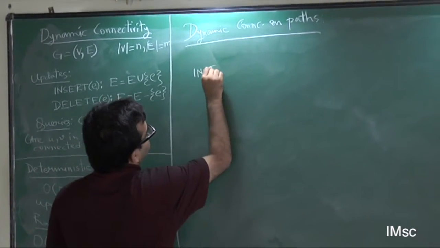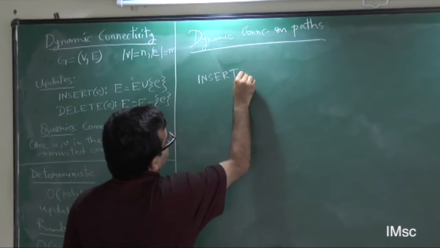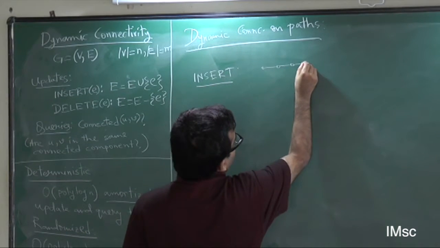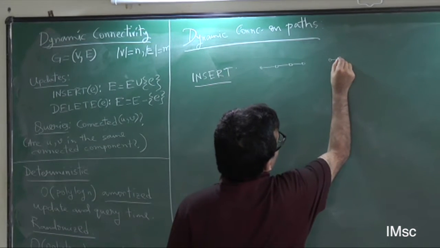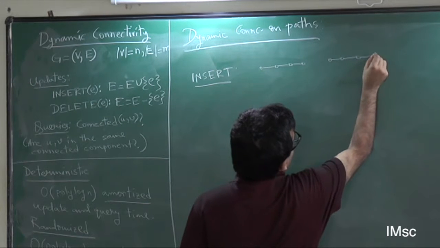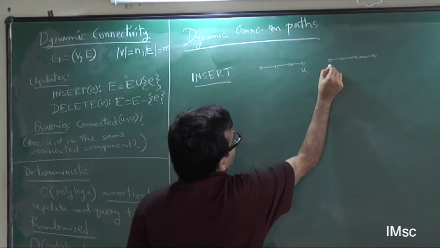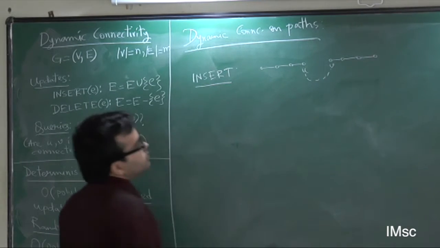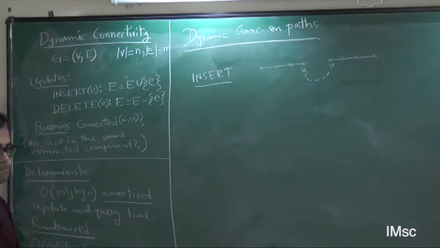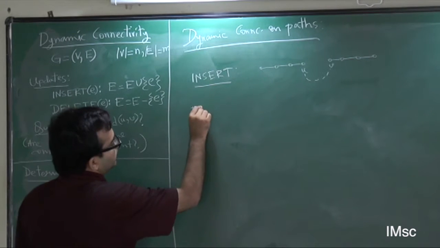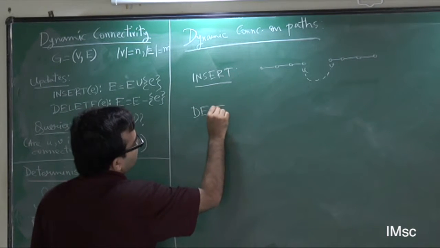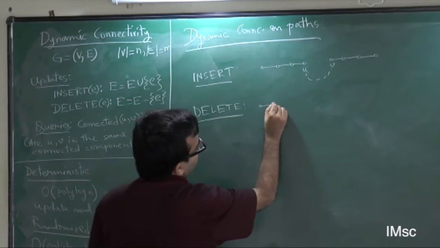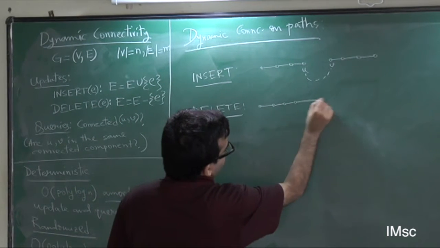When you are saying insert an edge, it will look like this. You are given two paths and you are asked to insert an edge between u and v, so that these two paths will be merged. What will the delete operation look like?